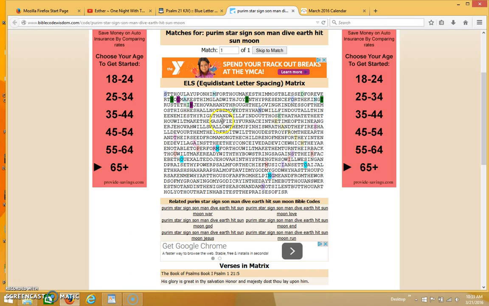But over here you have fiery furnace, and this is talking about God's vengeance on the earth. And as you can see, the word earth comes in ELS form over here in the matrix, and it's talking about God's wrath and his vengeance on the earth. And you see the word wrath right here, and you have the word earth right here where it says the earth right here.